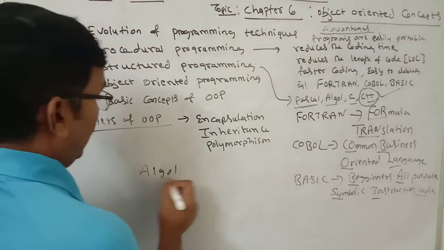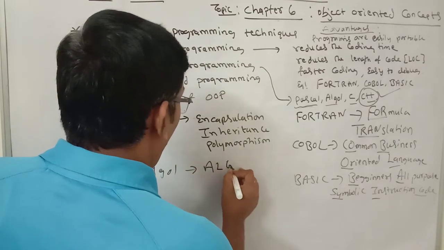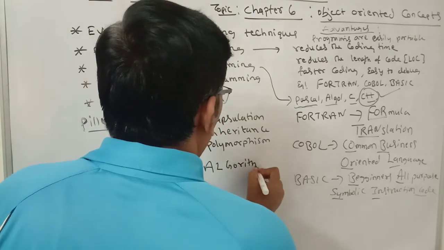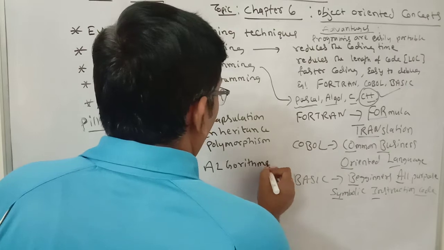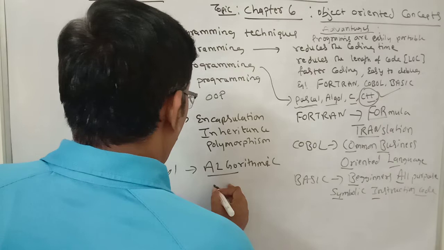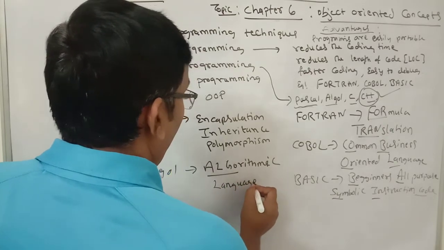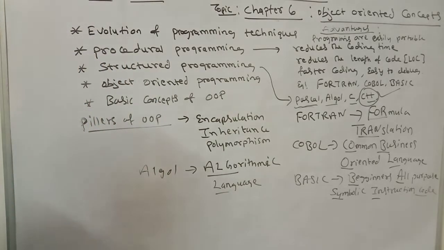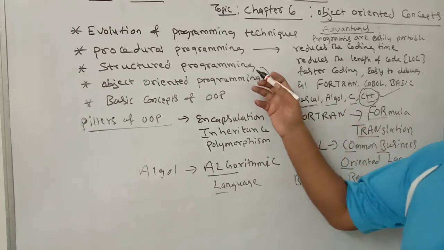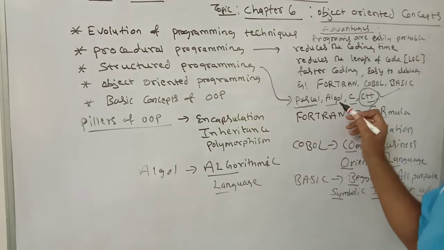Algorithmic language. Okay, C++. And this is the structured programming. These are the high level languages that support structured programming: Pascal, Algol, C++.